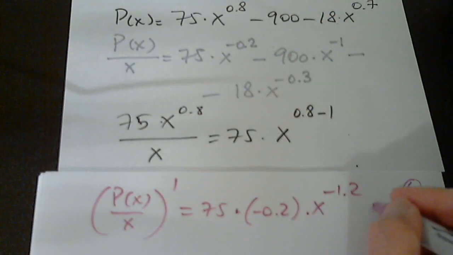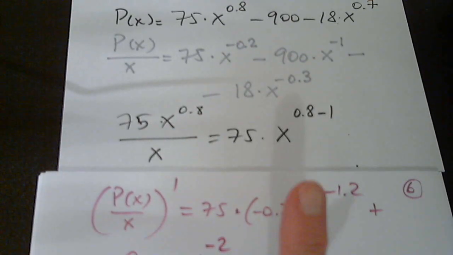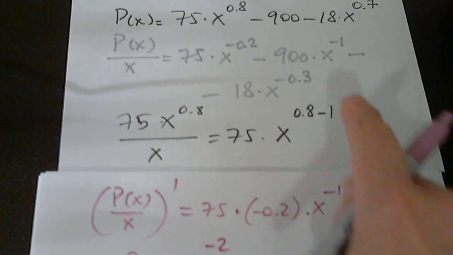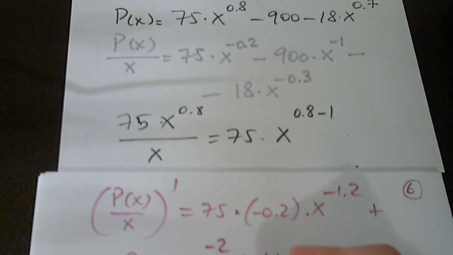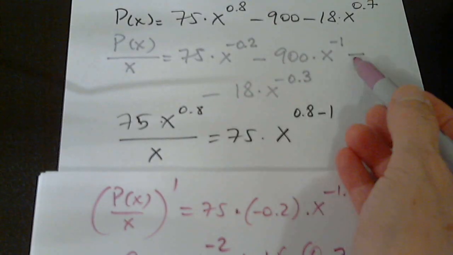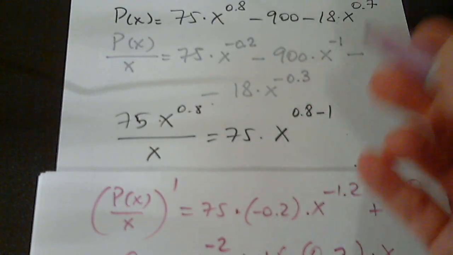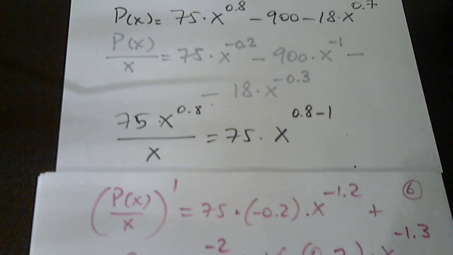Bring down negative 1, plus 900 times x to negative 2. If you want, you can say times the inner function prime, but that's 1. And now I have plus 18 times 0.3, because I bring down the negative and there is also a negative, times x to negative 0.3 minus 1, negative 1.3.